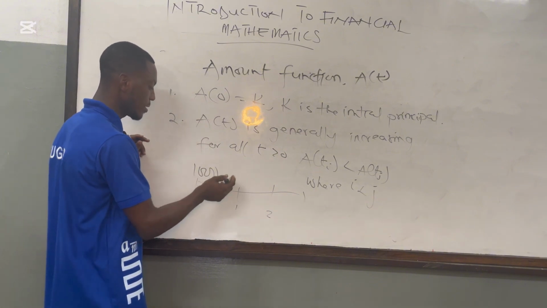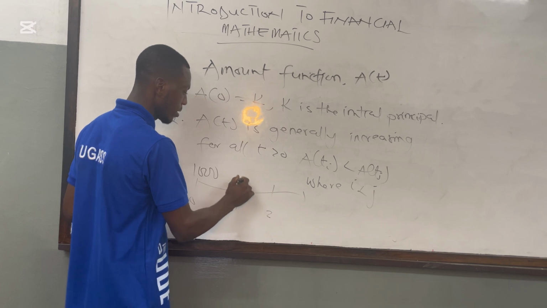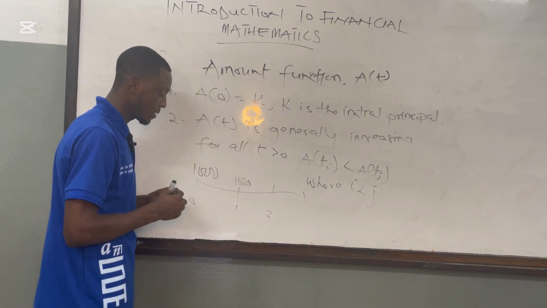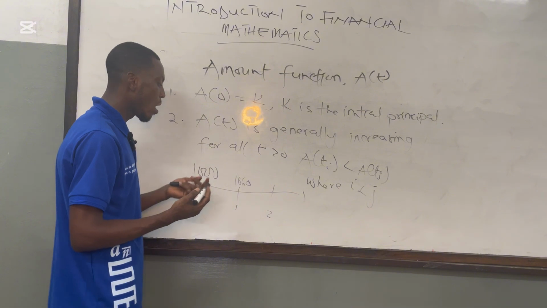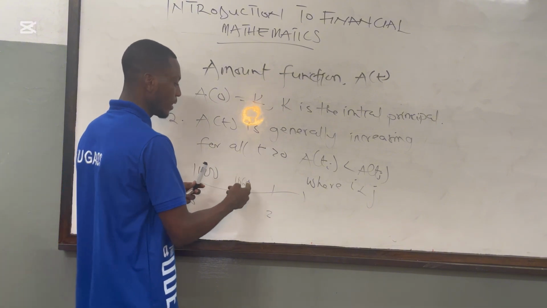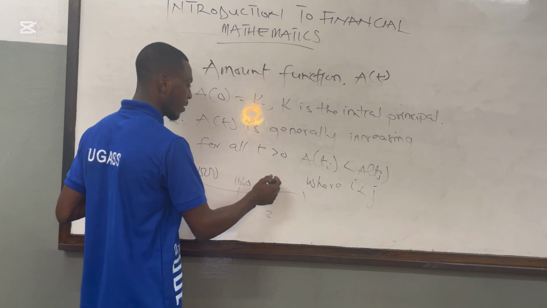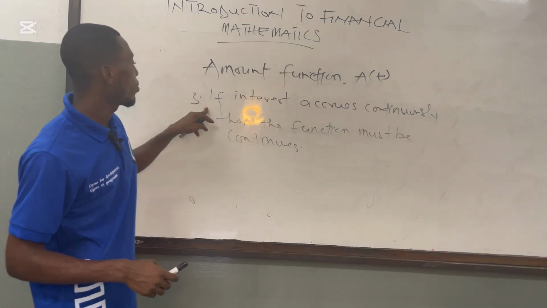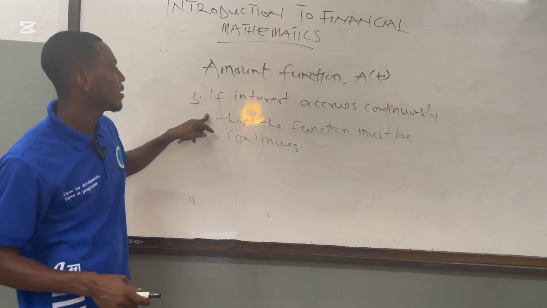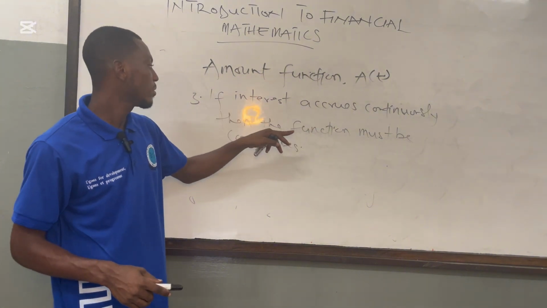So suppose this 1,000 accumulates to 1060 at the end of year 1. Then at the end of year 2, probably the amount should be at least 1060 or more than this, right? So this should be something like 1090.